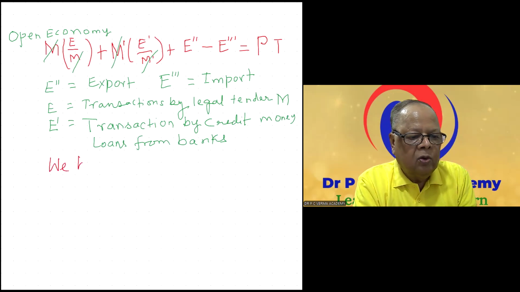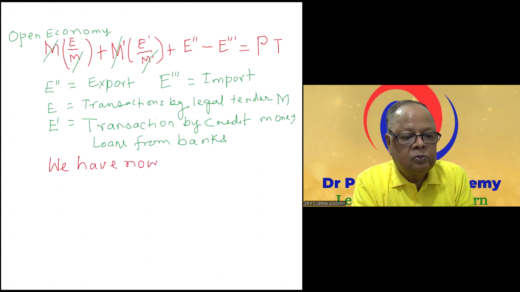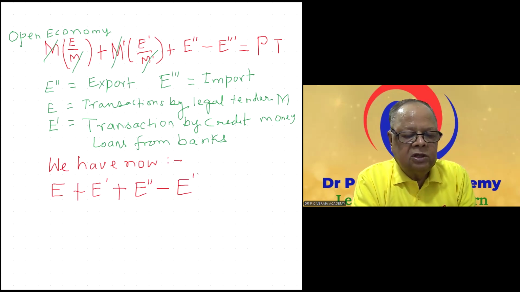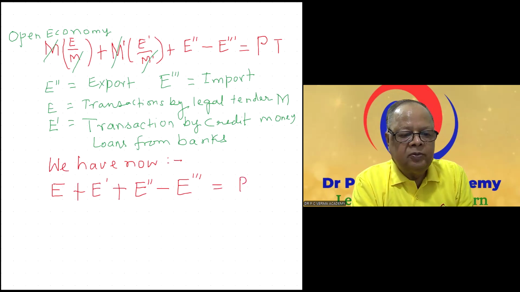We have now E plus E dash plus E double dash minus E triple dash is equal to PT.